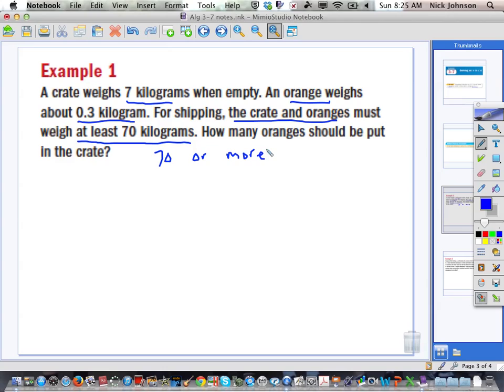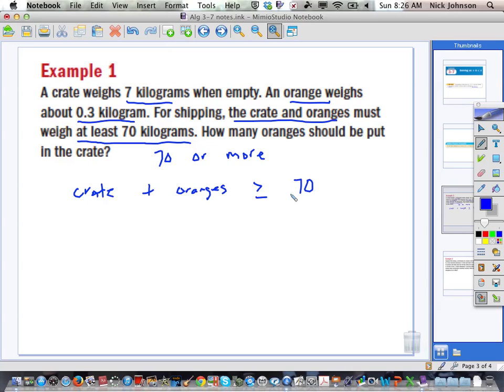Okay, we can't have it any less. So what we need to think about is an equation that takes the crate when empty plus oranges has to be greater than or equal to 70 because we want it equal to 70 or more.